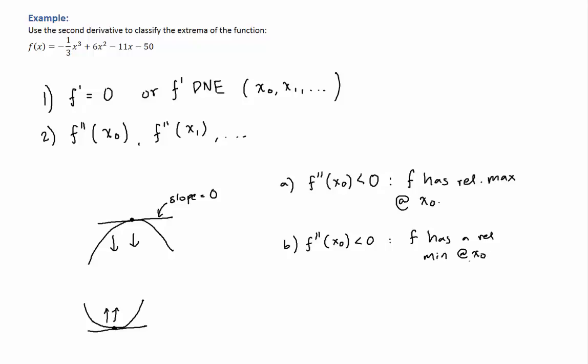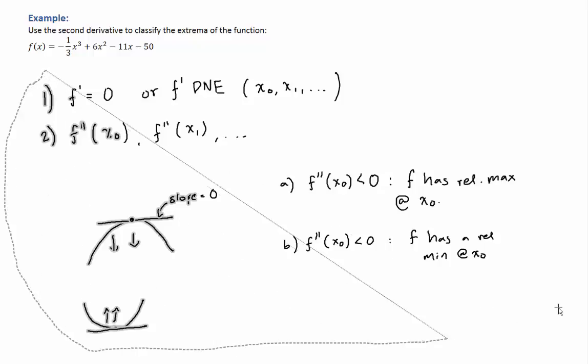And if the second derivative happened to be 0 as well, then your second derivative test will be inconclusive.